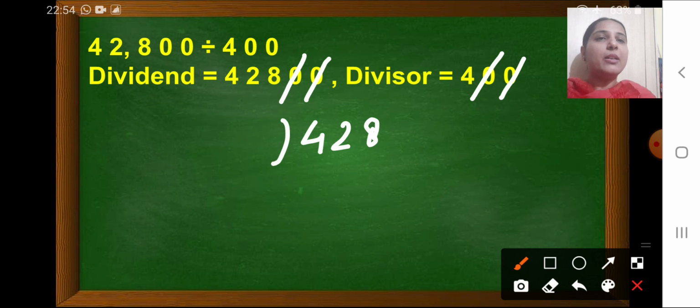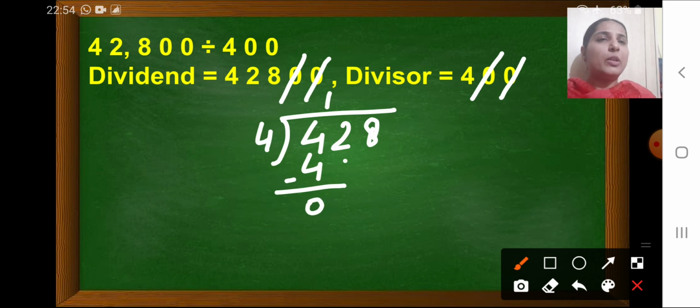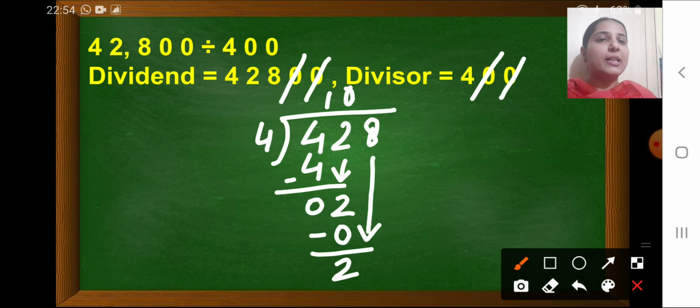428 by 4. So 4 ones are 4, okay. Now we'll bring down the 2, but 2 is smaller, so how many times does 4 go? 0 times. So we'll get 0 here. Now we'll bring down the 8. So 4 sevens are 28.